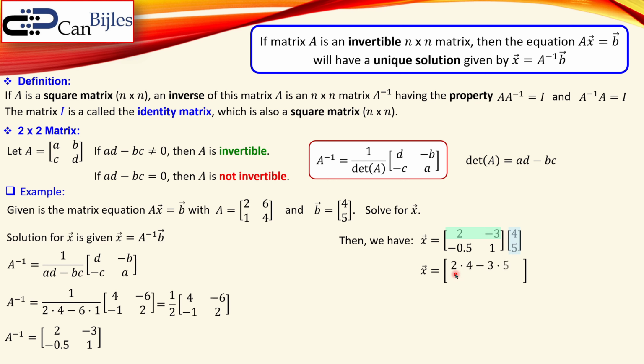That's actually shown here. And the next one is this row, so you do the same with this column, so minus 0.5 times 4 plus 1 times 5. So you see that here. Now this will be 8 minus 15, and this is minus 2 plus 5, so that will add up to minus 7 and 3. So we have here now the vector X, the entries for our solution.